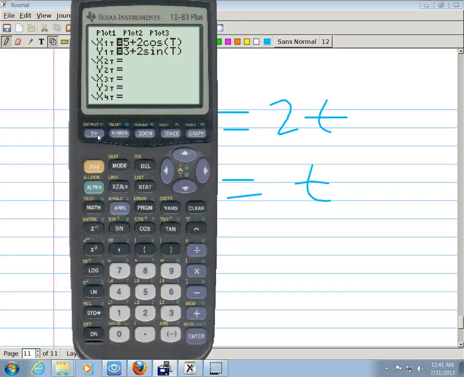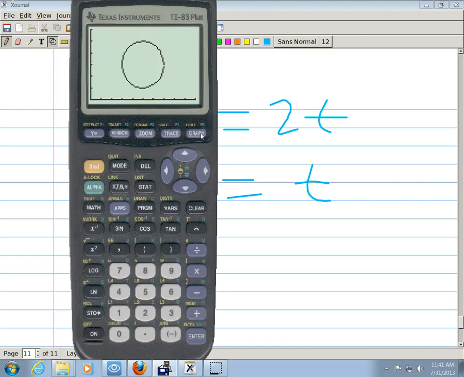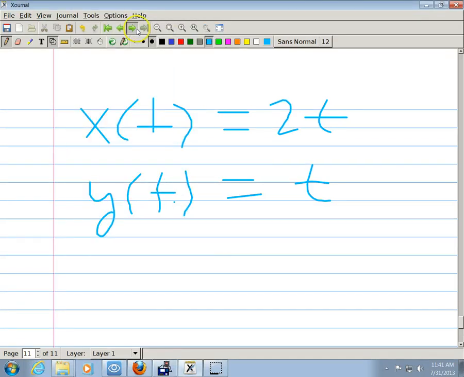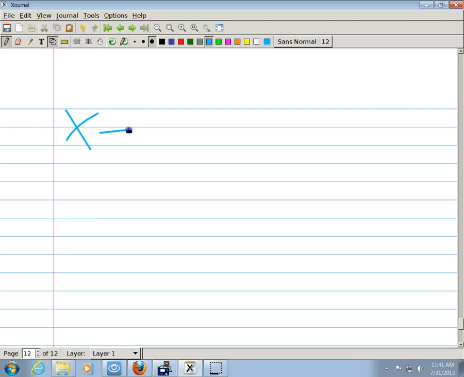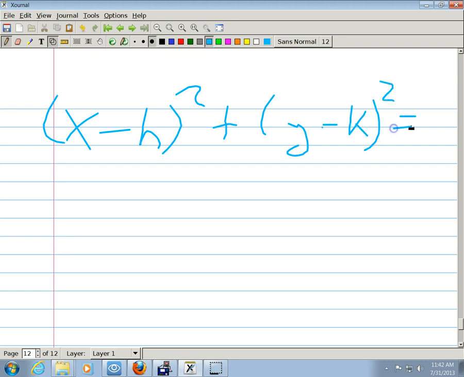All right, now, do you know how to write the equation of that circle in terms of x and y? The equation of this circle? X squared plus y squared equals r squared. Not enough. Close. It's x minus h squared plus y minus k squared equals r squared, where h, k is what? Not the vertex.